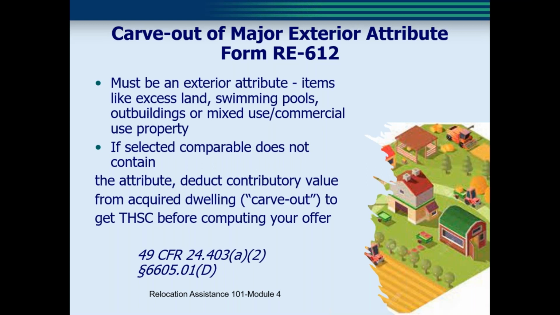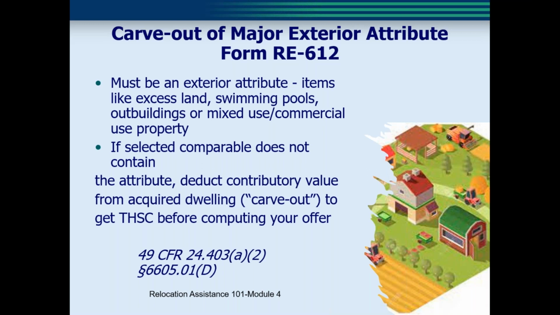While the agency will strive to offer a replacement dwelling that is functionally equivalent for housing purposes, there may be certain items outside the dwelling that cannot be found in replacement properties. So, what happens if your displacement site contains a swimming pool or an oversized outbuilding, or some other type of non-residential feature, a lot size that's greater than you would typically find in a residential market?